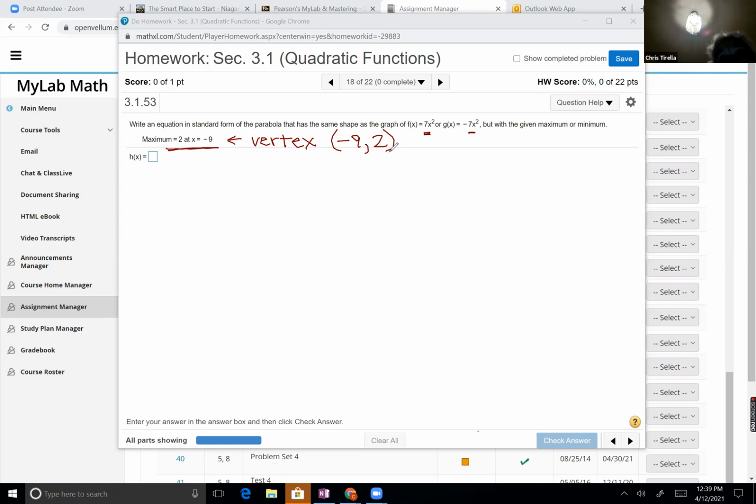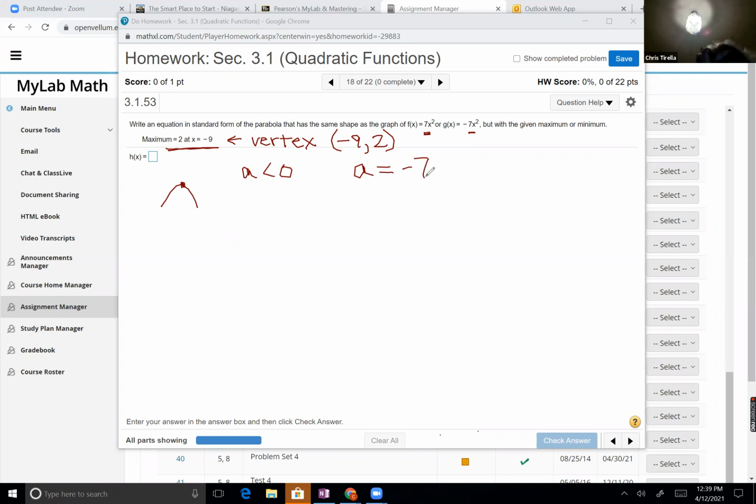So that's my vertex. If that's a maximum, that means that my parabola is opening downward. And so a will be negative. If it's got the same shape as this one, it'll be negative 7.